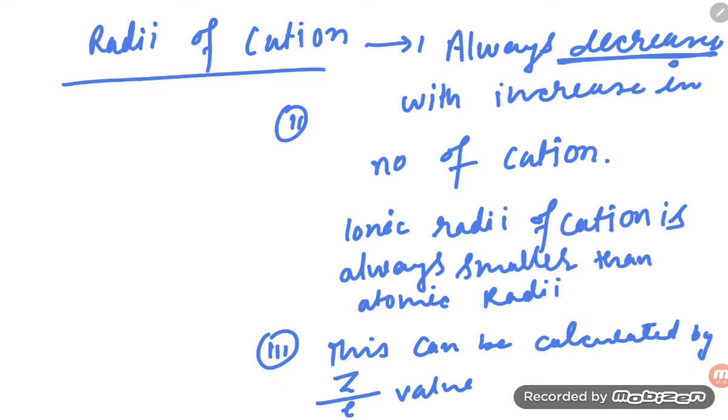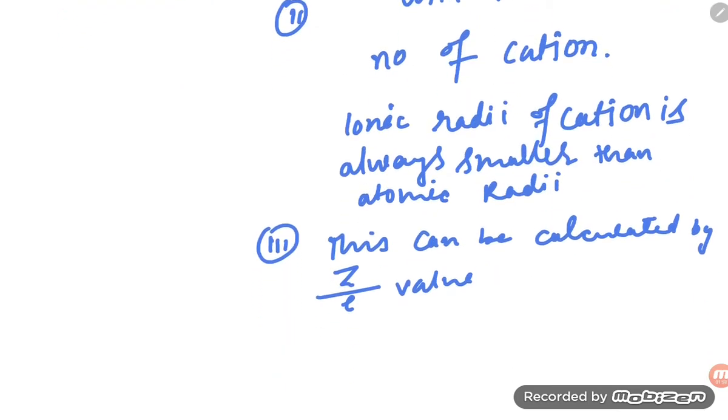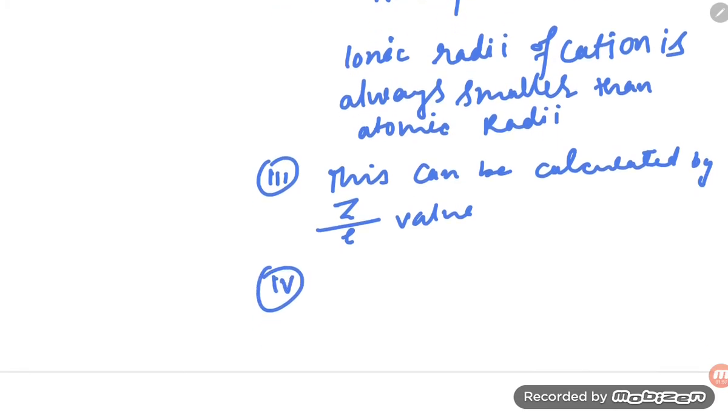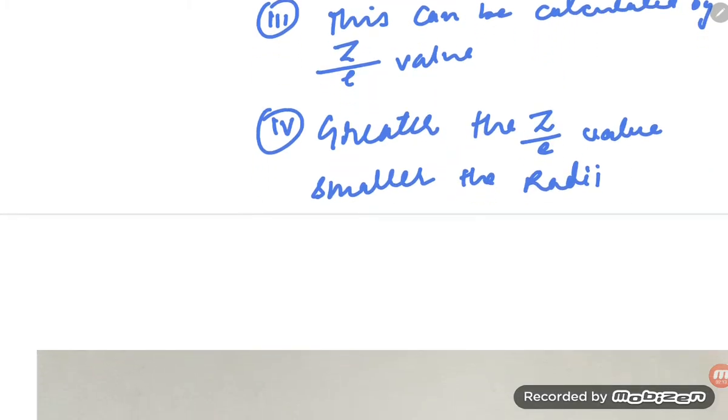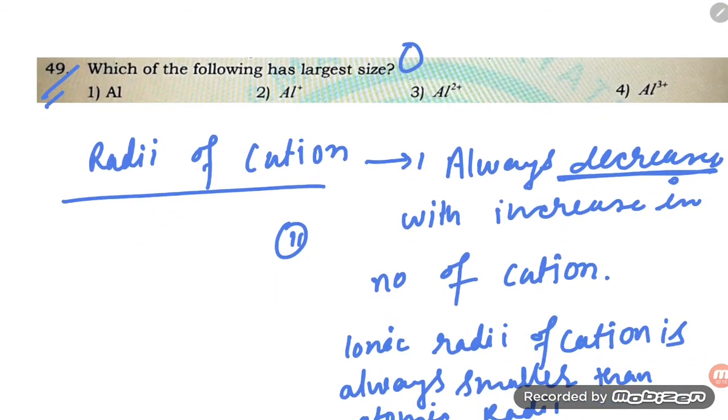The third point is, this can be calculated by Z by E value. So the fourth point is, the greater the Z by E value, the smaller the radii. Now there are four options they have given, students.